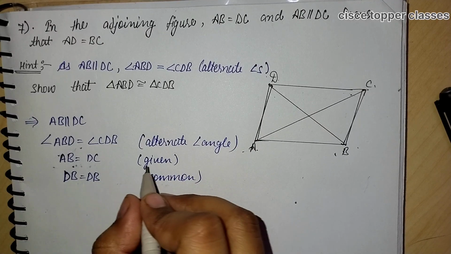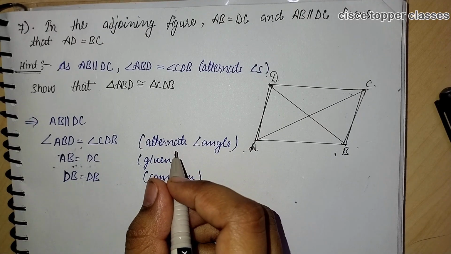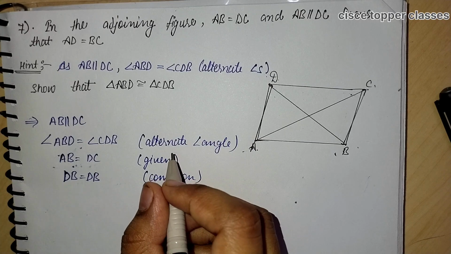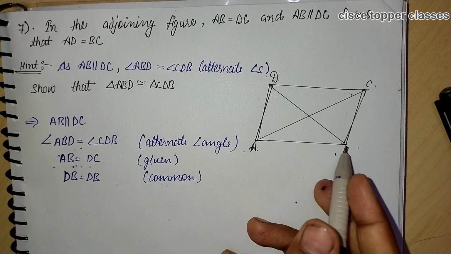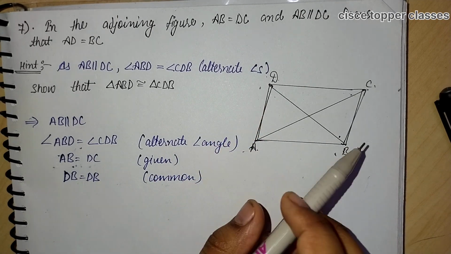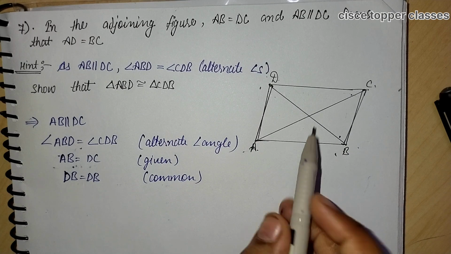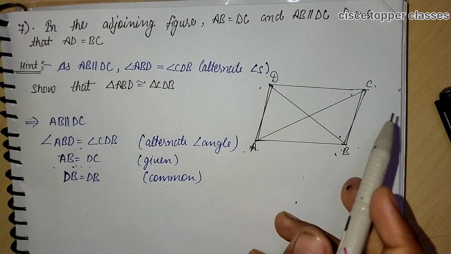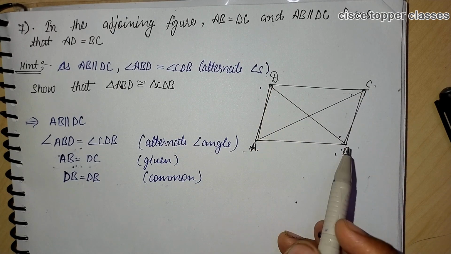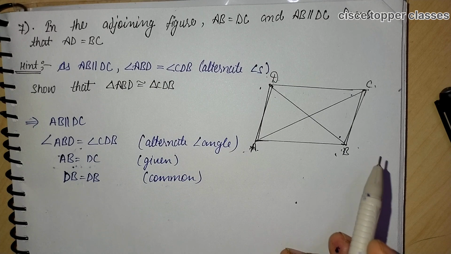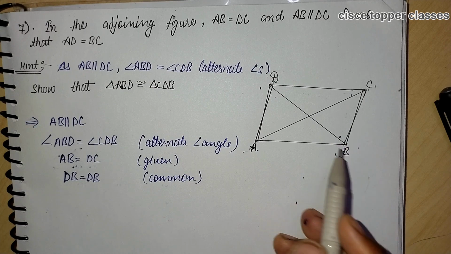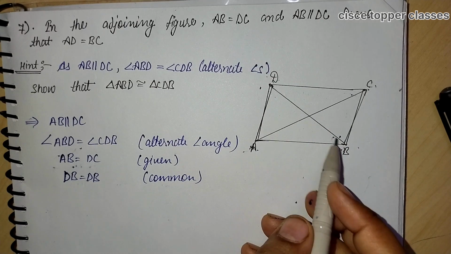So we can simply use here SAS rule of congruency, because AB and DC are equal and the angles between them, means ABD and CDB, are equal. So these are the angles which are equal.